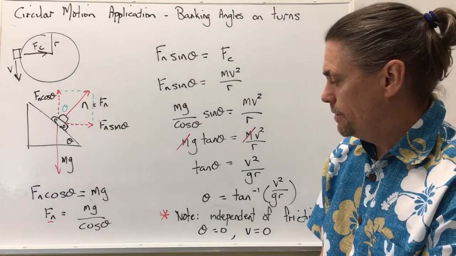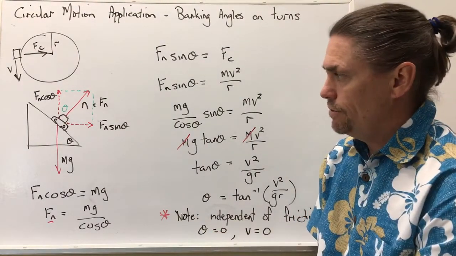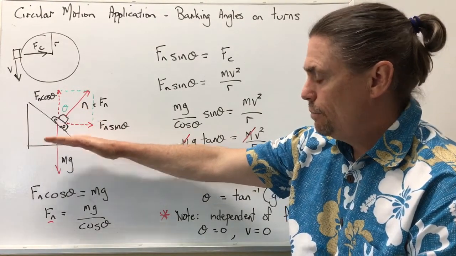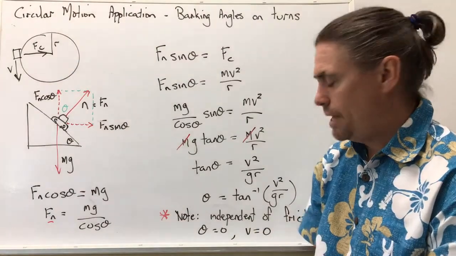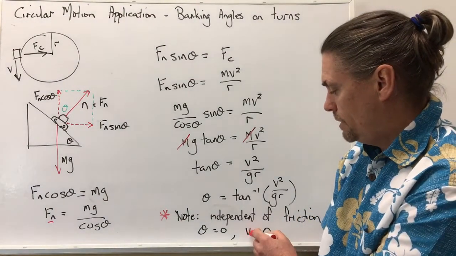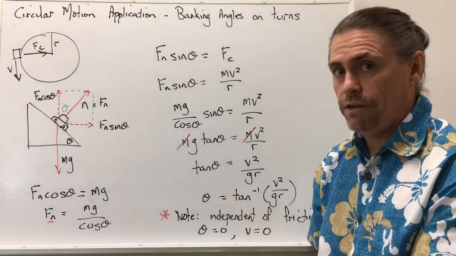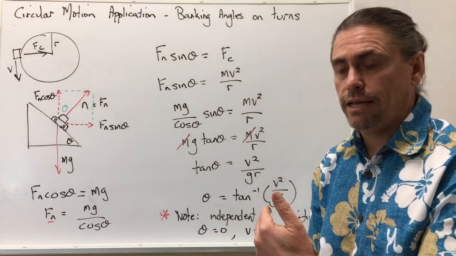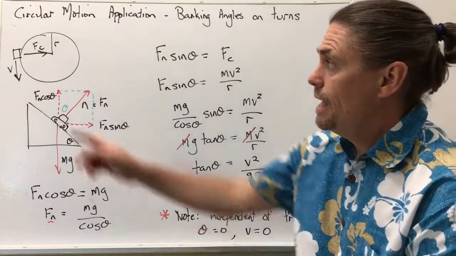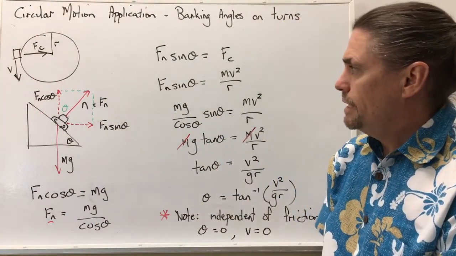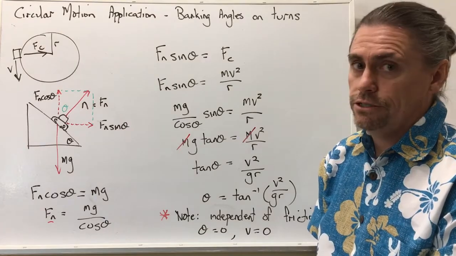Now the second thing to note is if we made theta 0, in other words we flattened out this incline completely, we'd find that unless we have a frictional component, our velocity will also equal 0. In other words, if we don't have any friction, we once again find that that vehicle will slide out as it did before. So let's look at this in action now in a problem-based question.